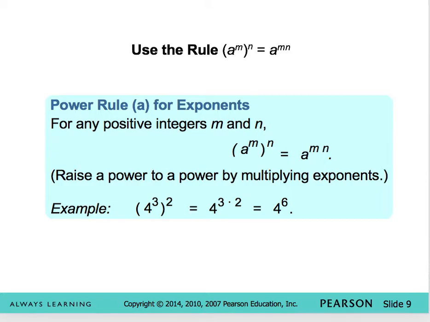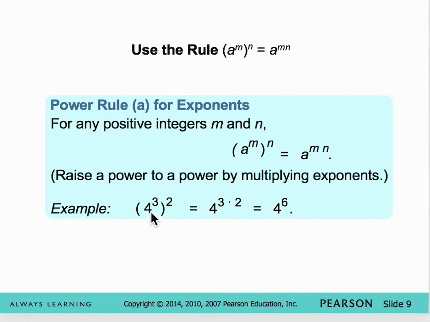Okay, now that was our product rule. Now we've got an exponent rule. Okay, and it says if I have an exponential number being raised to another exponent, I can multiply the 2 exponents. Okay, so look at this example.